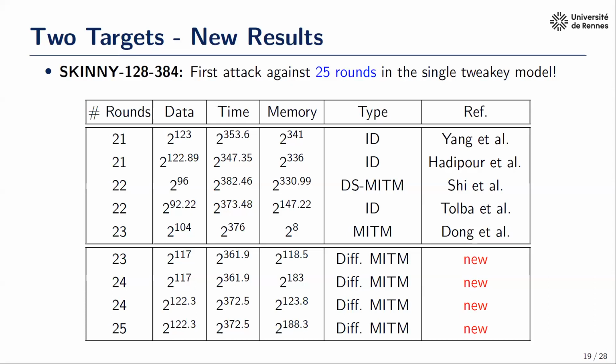So here you can see in more detail the results we obtained against Skinny-128-384. As you can see, the gain over the generic bound of exhaustive search is non-marginal, and the time complexity of our attack against 25 rounds is smaller than the best known attacks against 23 rounds.